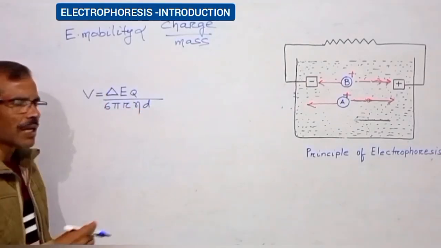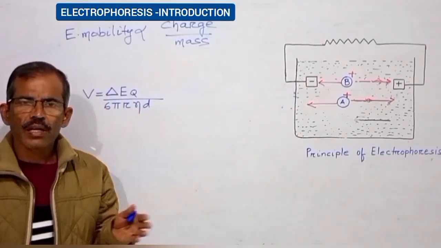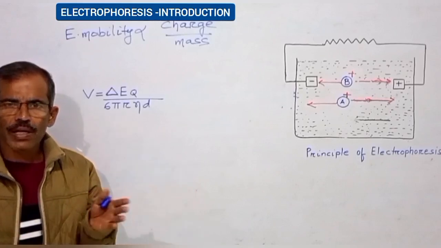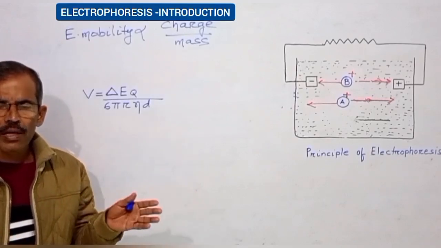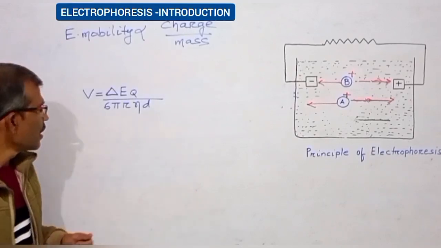This equation explains the mathematical relationship between various factors that determine the electrophoretic mobility.